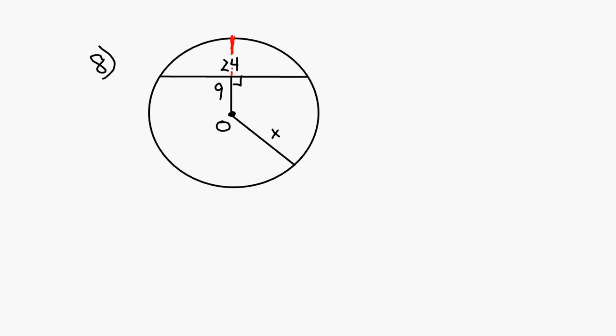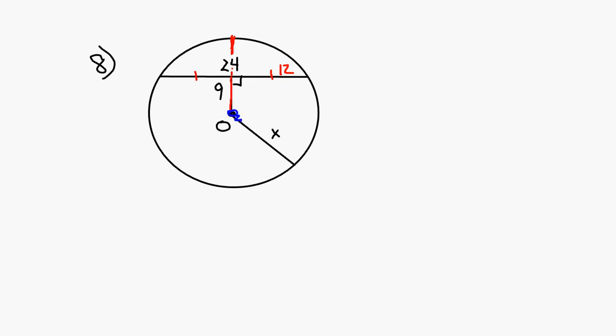So what you have here indirectly is a radius intersecting a chord at 90 degrees. So it means these two pieces are congruent. It means each piece on that chord is equal to half of 24. So this piece right here is equal to 12. Now they're asking you to find x, and x represents the entire radius.